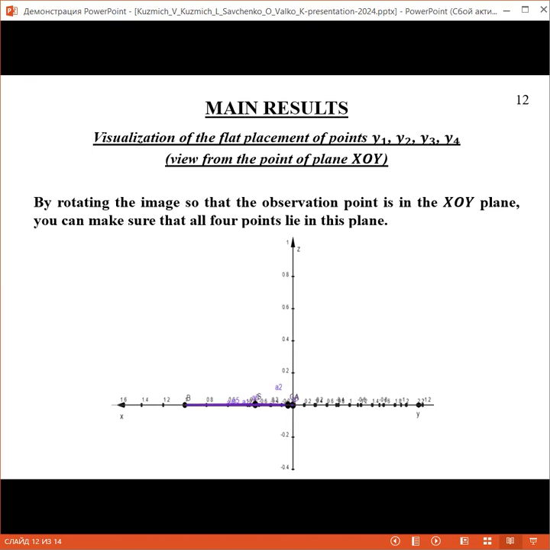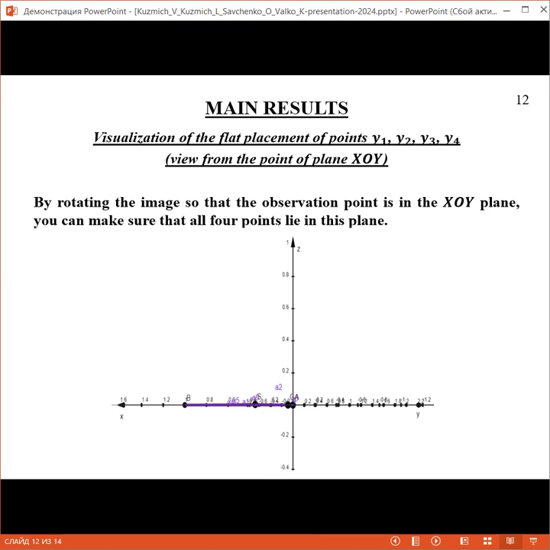Since this image is placed on a flat screen, it does not give an idea of the spatial relative location of these 4 points. The dynamic geometric environment of GeoGebra 3D makes it possible to rotate tetrahedron images in such a way that their flat arrangement becomes obvious.